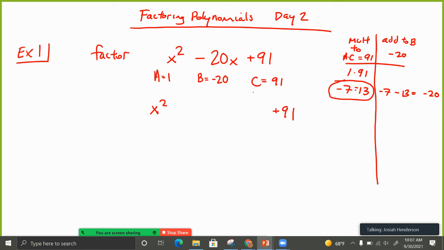Yeah, absolutely. Can I ask you, what happens to the negative 20? Should I write that as well, or does that go away? No, because the 7 and the 13 make it up. Perfect. Thank you. The 7 and the 13 make it up. So I'm going to write my negative 7x. Don't forget the x, and negative 13x.